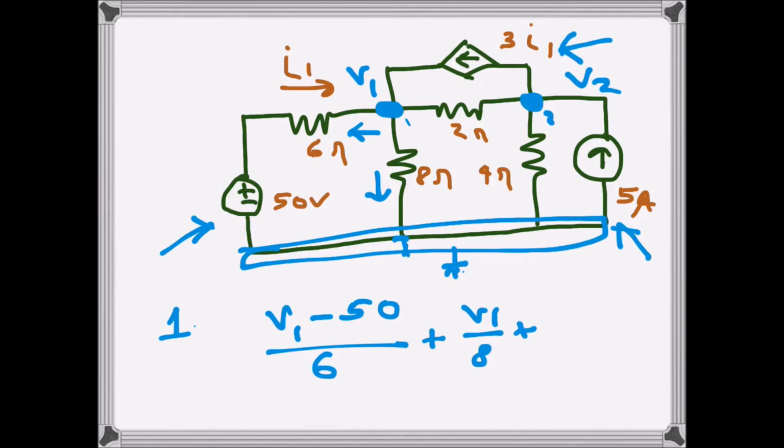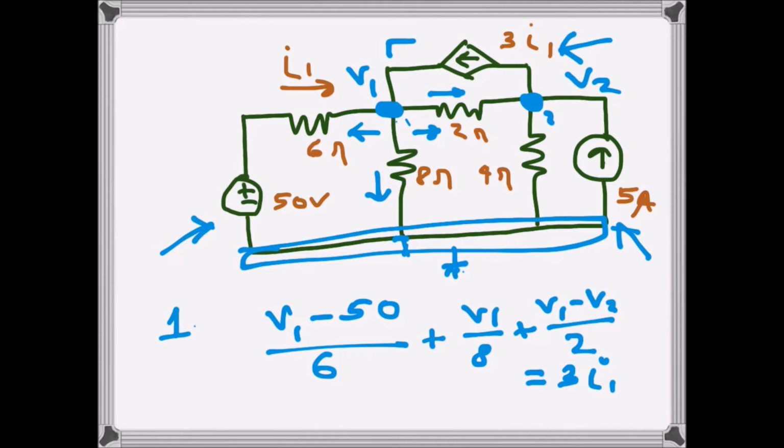Then the current going in that direction will be (V1 minus V2) over 2, because this one's potential is V2. That is the current going from the left to the right. And we can see that 3I1, the dependent source current, is entering this node, so we will write it on the other side. So we will do 3I1.